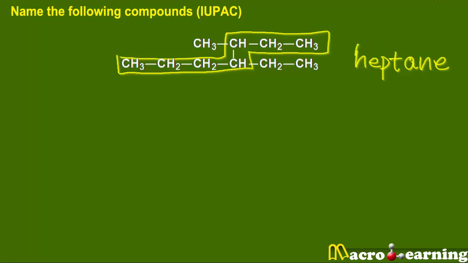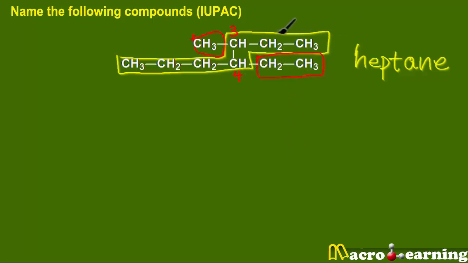Now these substituents are 1 methyl group and 1 ethyl group. So how do we number the main chain? We'll start the numbering from this end and go 1, 2, 3 for this methyl group, and carbon number 4 for this ethyl group.